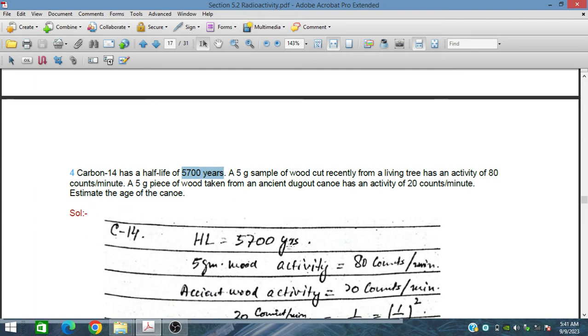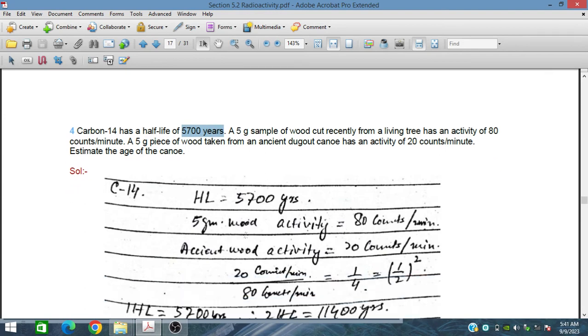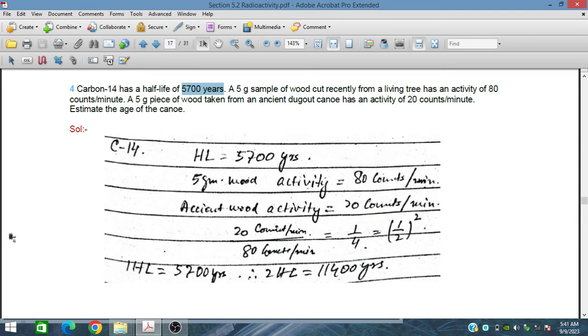The Carbon-14 half-life is 5700 years. The 5 gram wood activity is 80 counts per minute, and the activity of the wood taken from the canoe is 20 counts per minute.